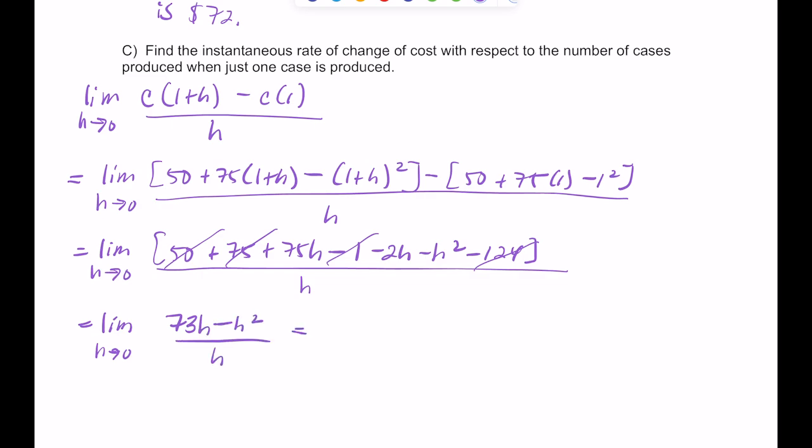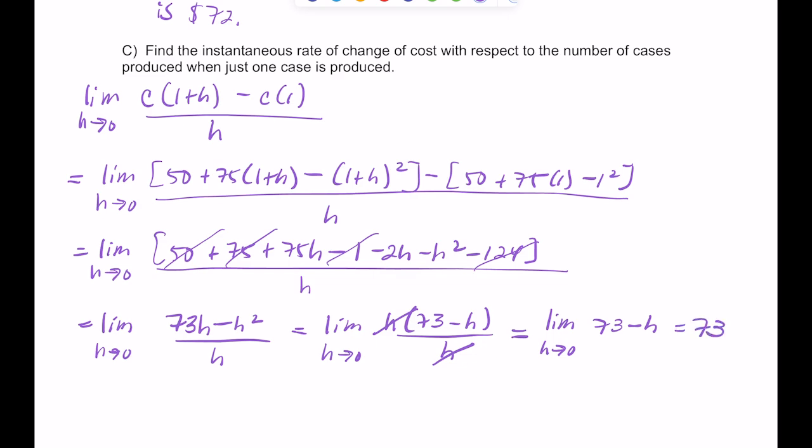And you can factor out an h, so you're left with h times the quantity 73 minus h over h, and the h's cancel out, which is great, because when you go to evaluate h equals 0, you don't want it to be indeterminate. So then you would end up with the limit as h approaches 0 of 73 minus h. If you plug in that 0 there, you get 73.